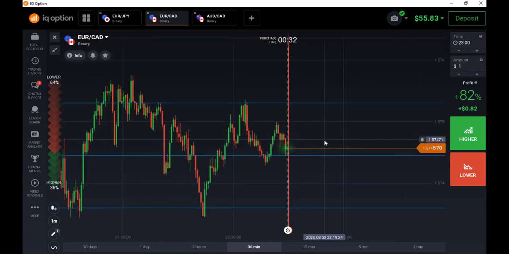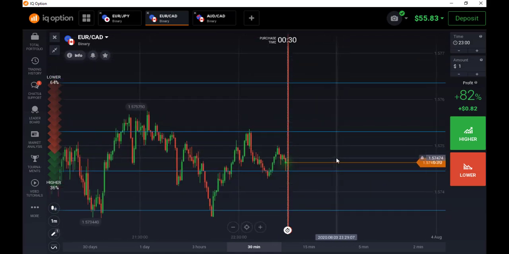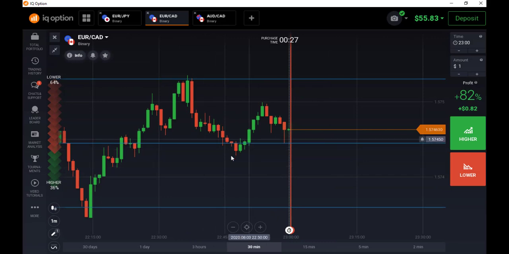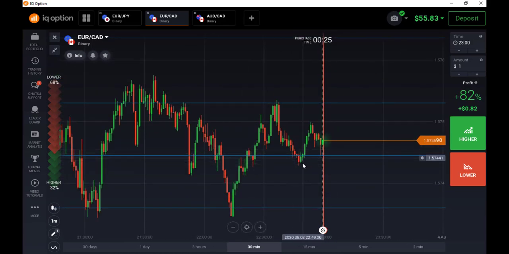I think this Euro Canadian dollar is still good, and I can see there is a good support level here.